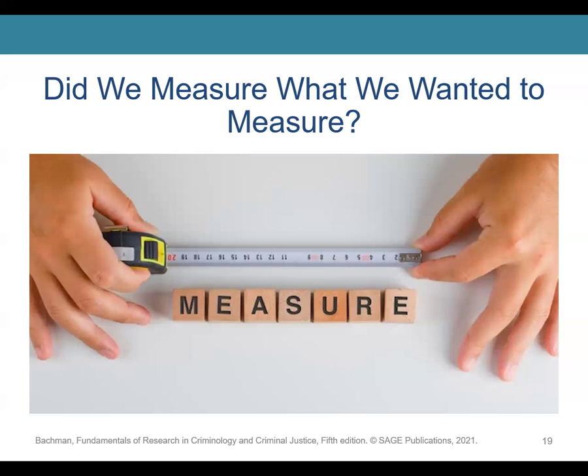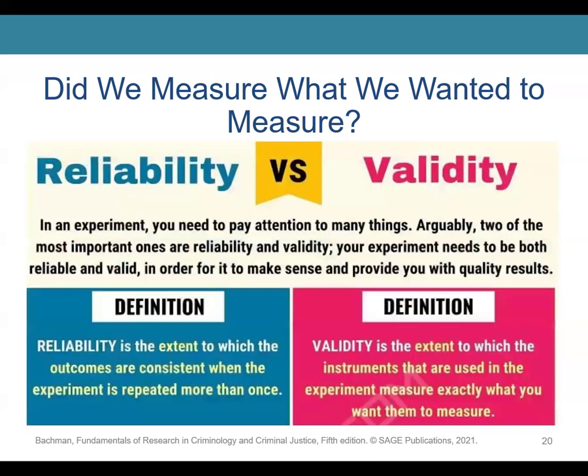Okay. What this does is it helps with what they call the reliability and the validity. How reliable is your data, and how valid is it, right? So when we look at measurements, there's a thing called measurement validity.